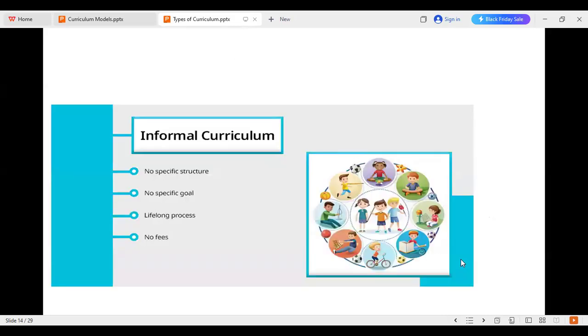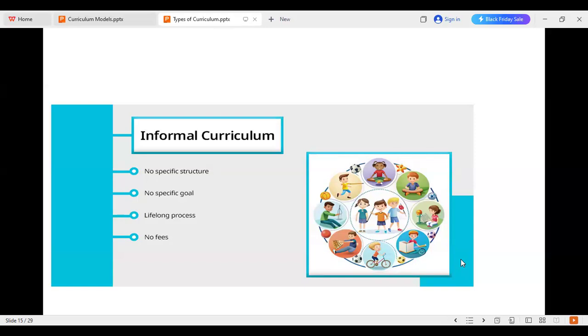Some of the characteristics of informal curriculum: no structure, no specific goals, lifelong process. Sometimes you can start to play netball, football in the school.